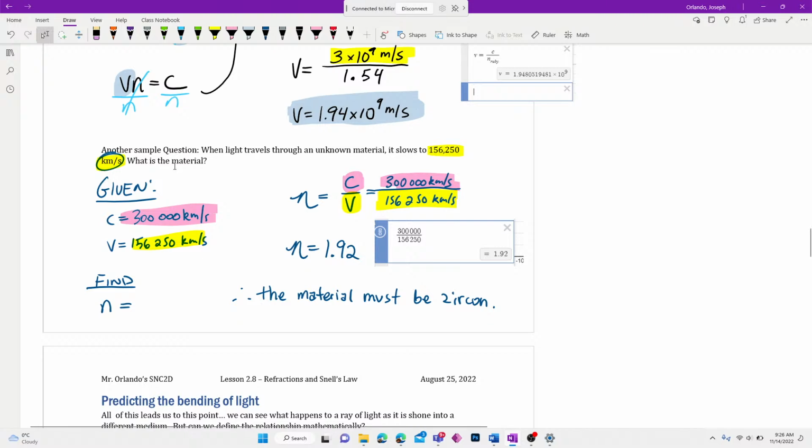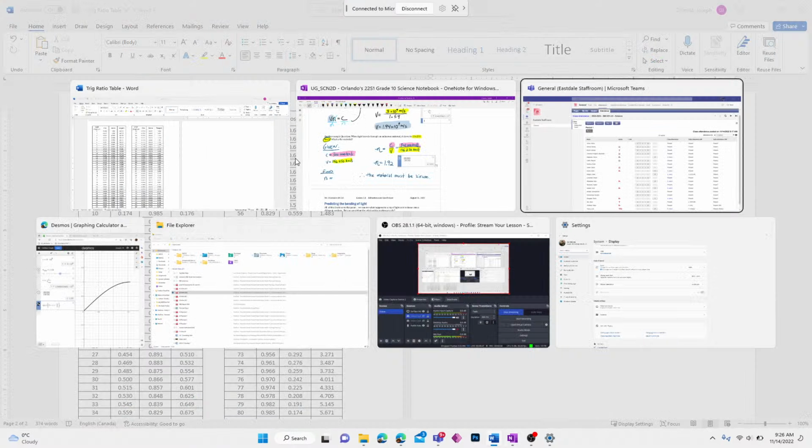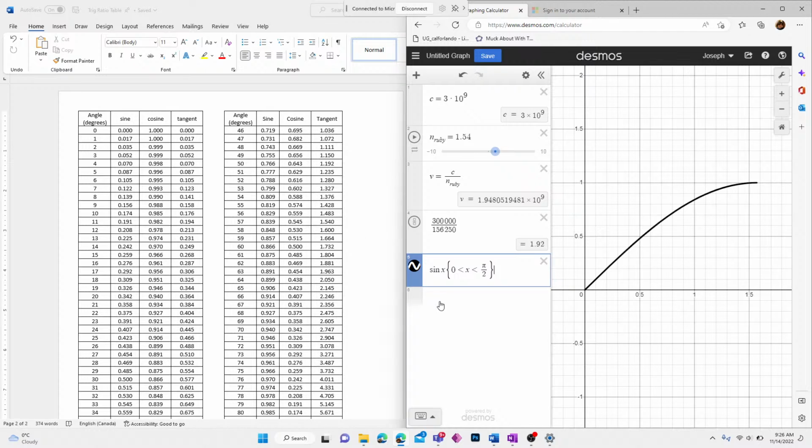In this course, we're only going to worry about the sine of the angle. Though if you look, cosine is the exact same curve, it just goes in the opposite direction. Does that make sense?